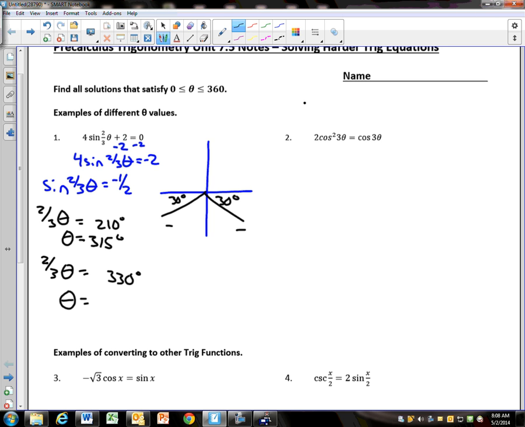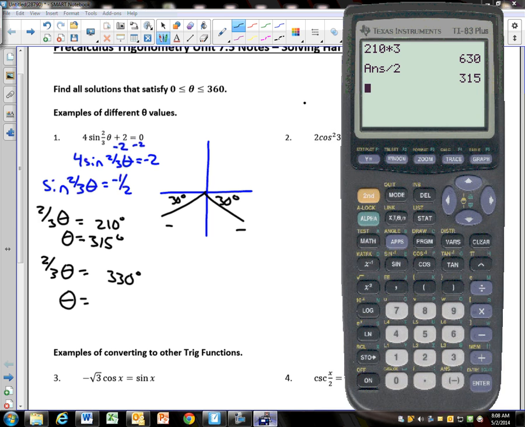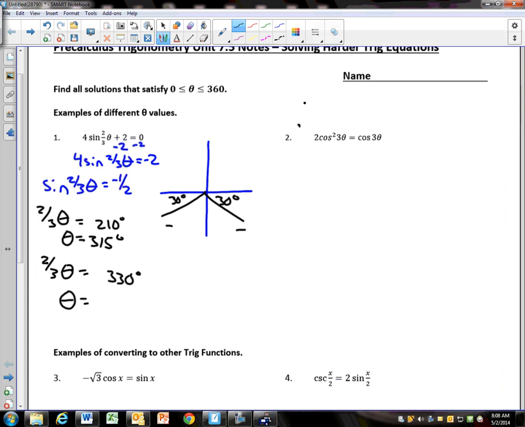I'll do the other one. 330 times 3 divided by 2. 495. Is that between 0 and 360? So we came up with a solution that's outside of 360, so technically we would not include it. That's our only solution that exists between 0 and 360.